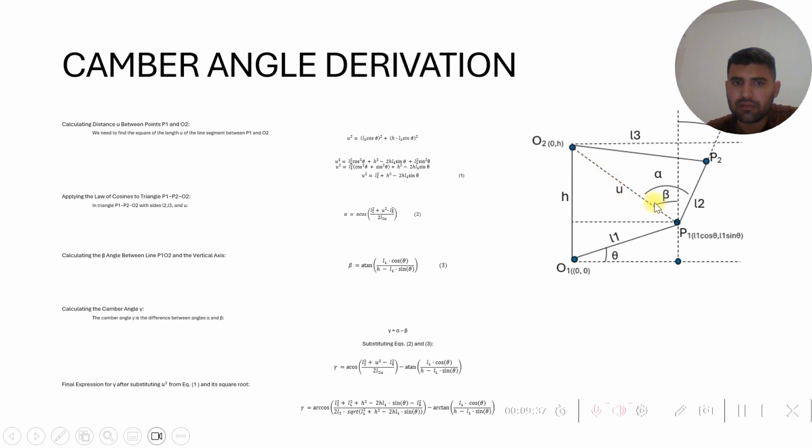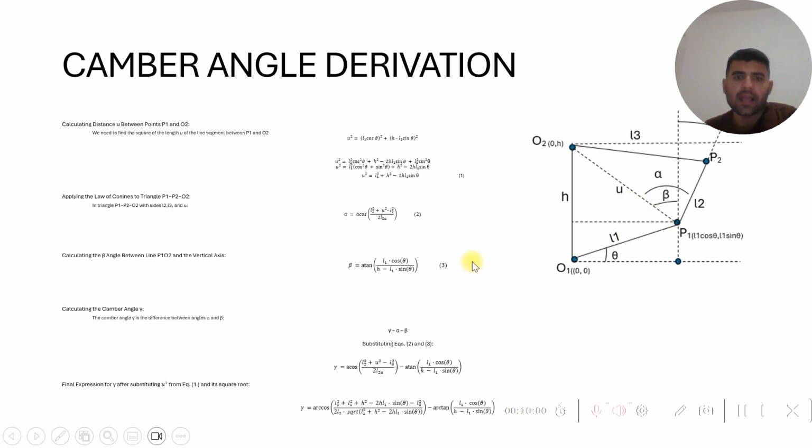So here it forms. From here we get this alpha, with the cos theta of L2, here it is minus U2, which we get from here, minus L3 over 2 L2U.